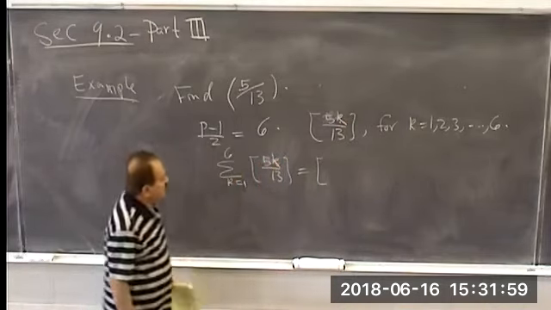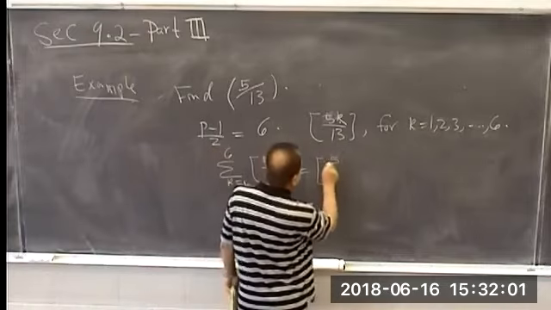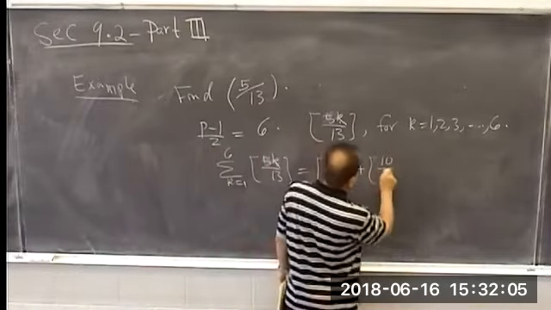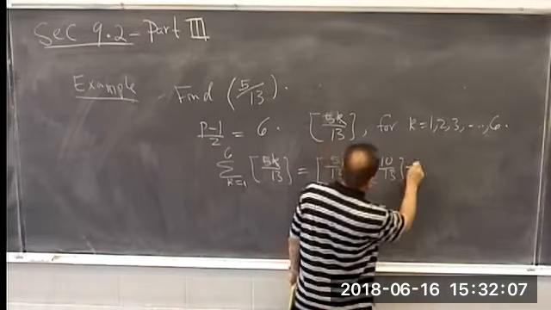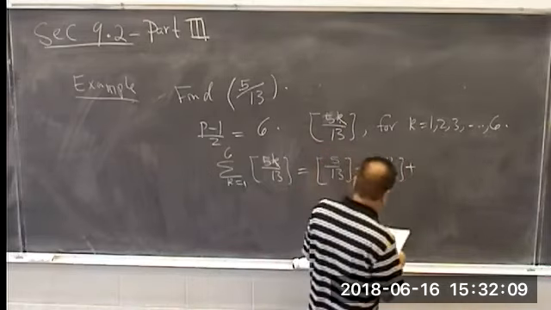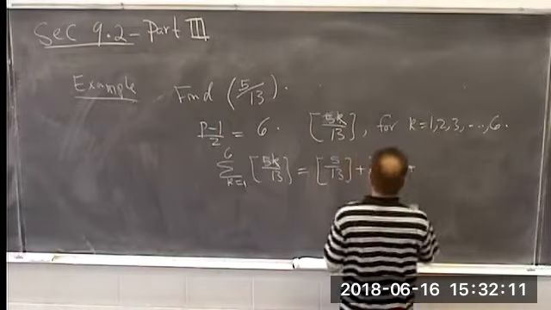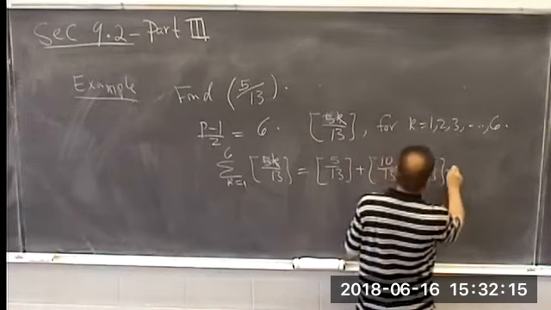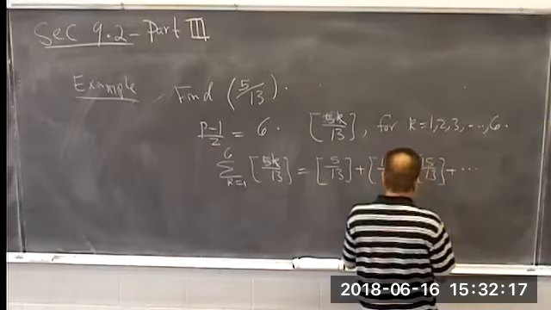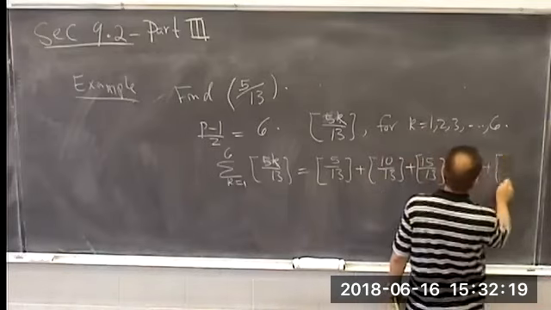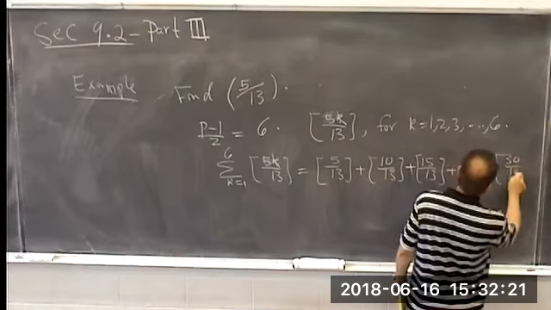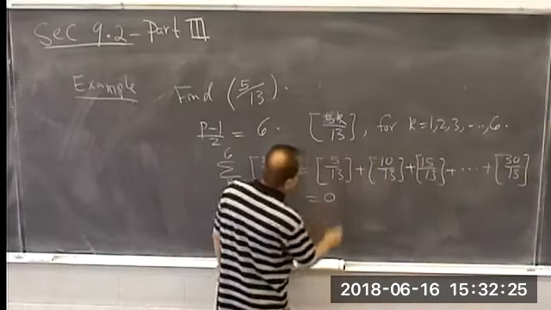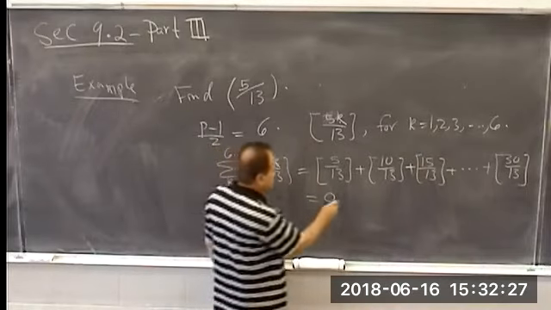So it's going to be 5 over 13, plus 10 over 13, and the next multiple is going to be 15, and so on up to the last one, which is 30. The third one, as a fraction, is equal to 0.